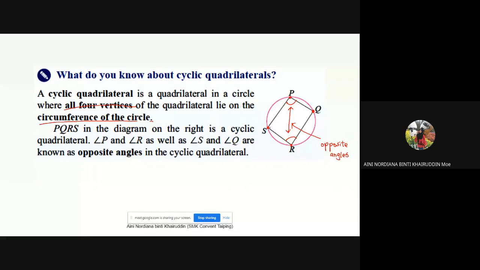Angle S and angle Q also opposite angle.